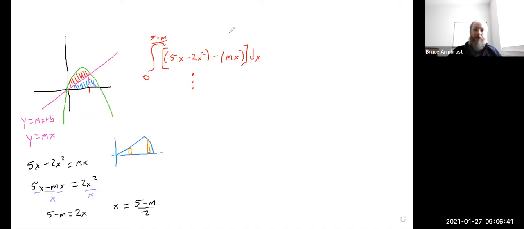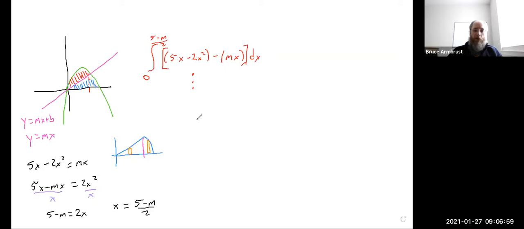Sometimes it's the line that's on top and sometimes it's the parabola. And where it switches is right here at that intersection point.